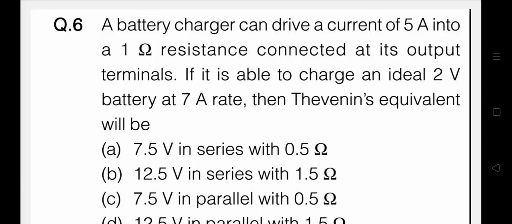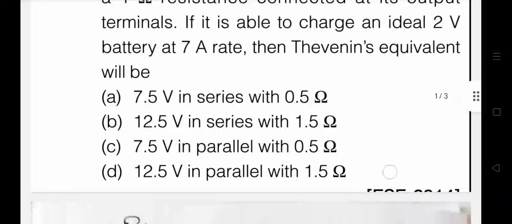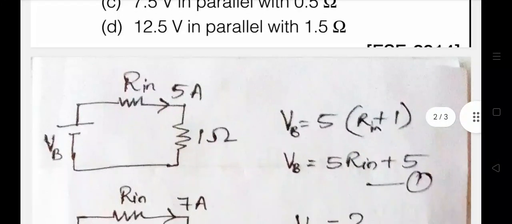From the question, let's draw the circuit based on the information given. In the first sentence, it is given that a battery charger is connected to a 1 ohm resistance and 5 ampere is flowing through it. So let's draw it like this.